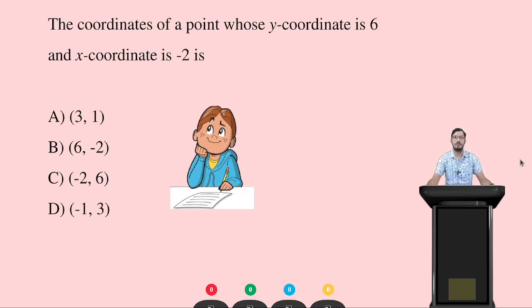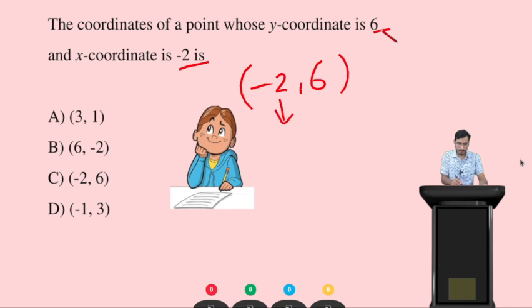So students, the right answer is, here you can see y coordinate is 6 and x coordinate is -2. So we can write (-2, 6). That is option C. Remember always, the first value is the x coordinate and the second value is the y coordinate.